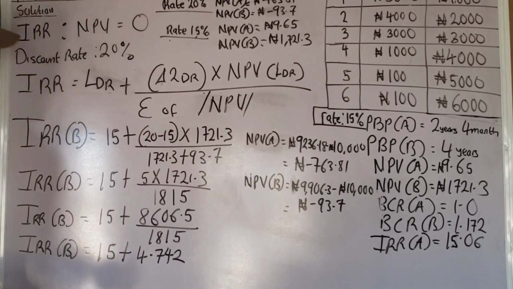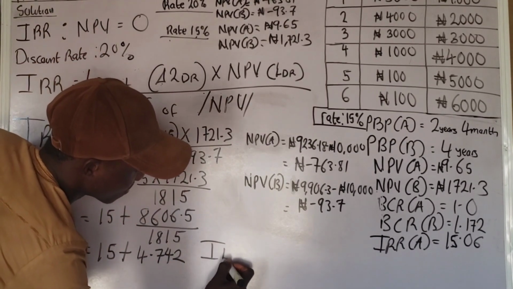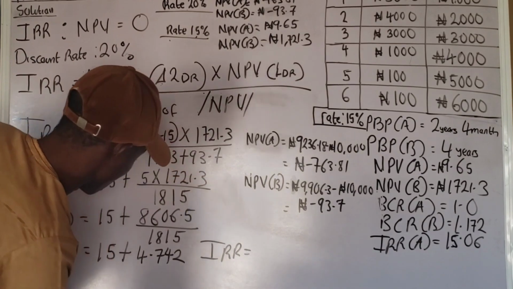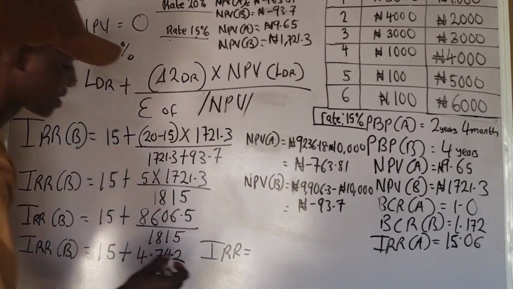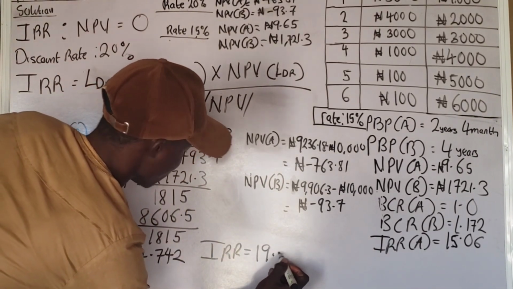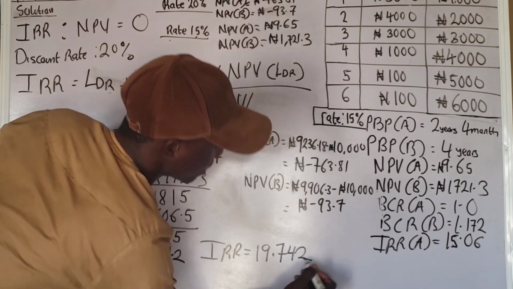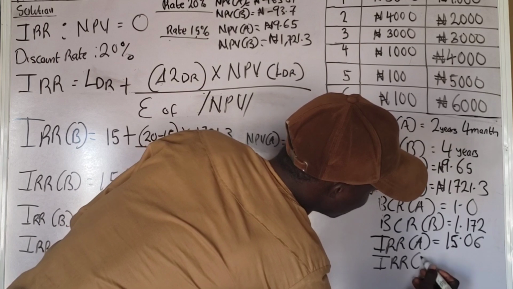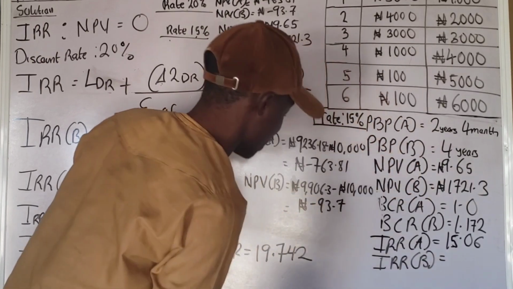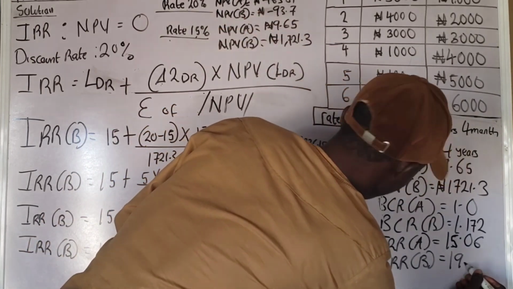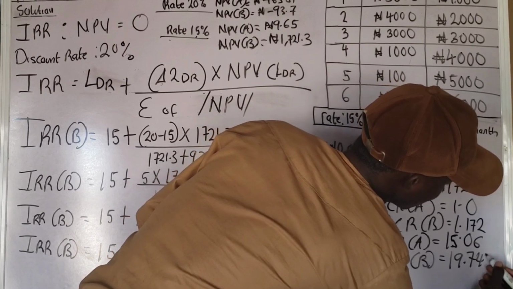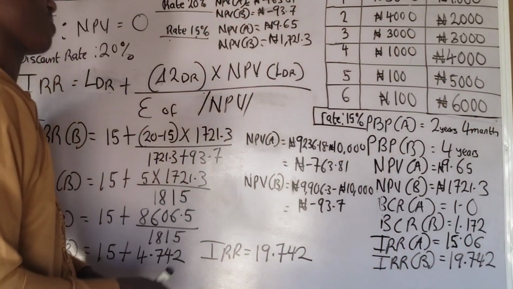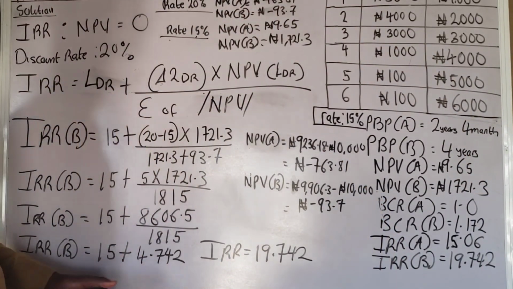So the IRR equals 15 plus 4.74, that is 19.742. You understand? So the IRR for project B equals 19.742. You can leave it in 3 decimal places or 2 decimal places.